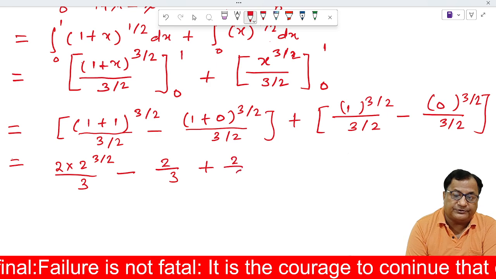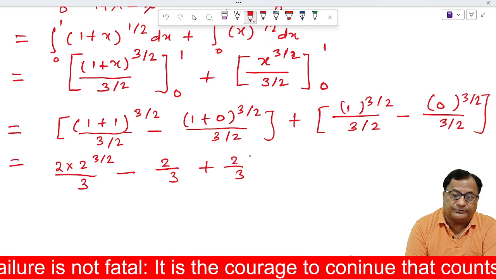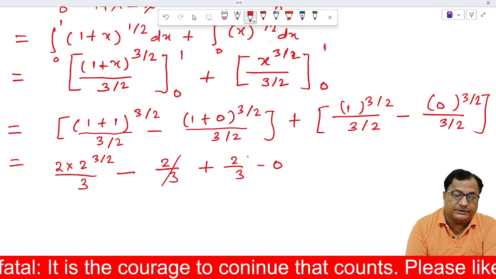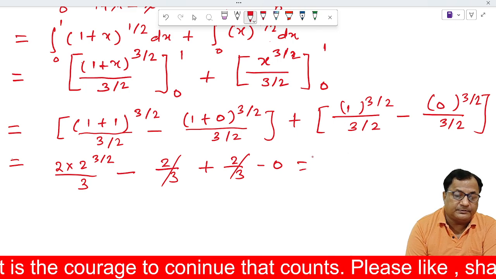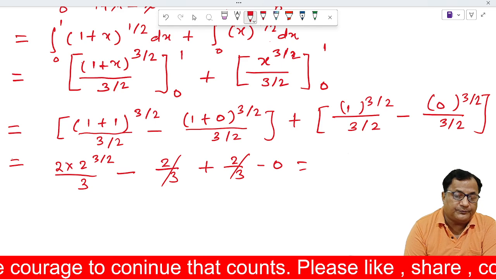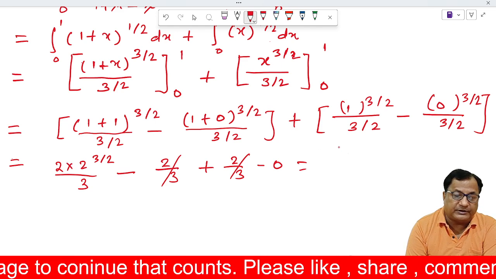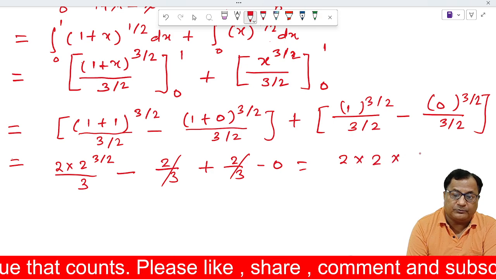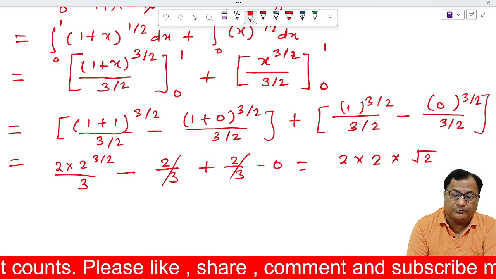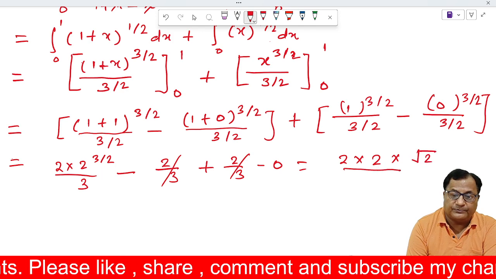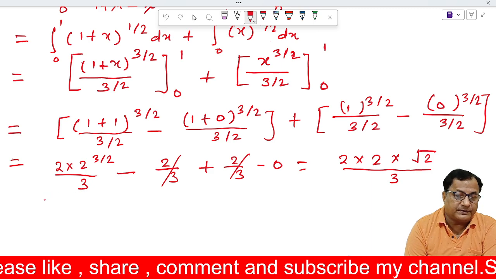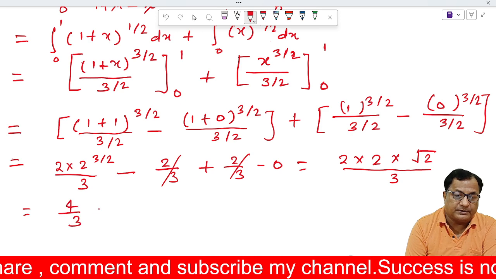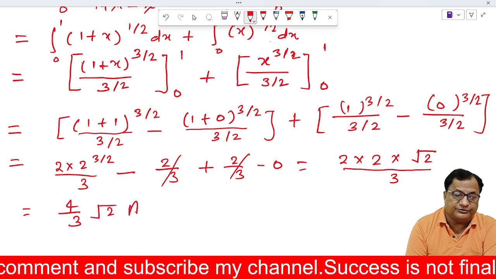This will be 2/3, and this will be 0 minus 0, so this will be cut. This can be written as 2 into 2 into root 2 over 3, means this will be 4/3 root 2. This is the answer.